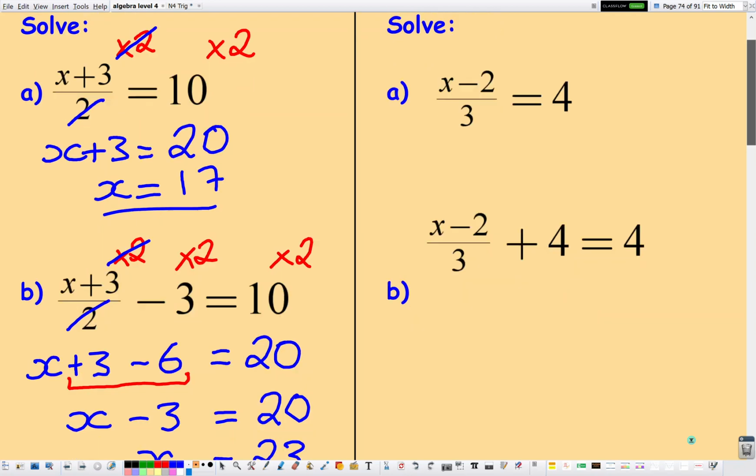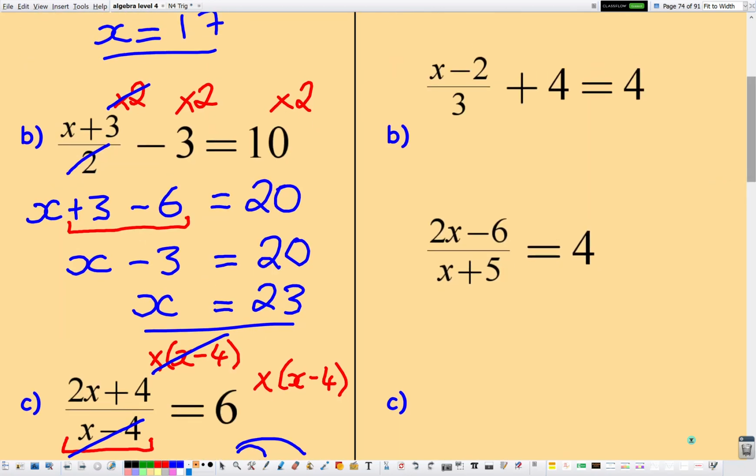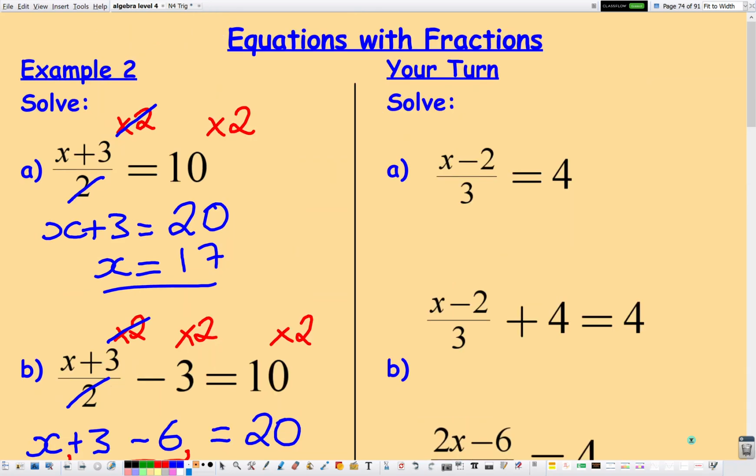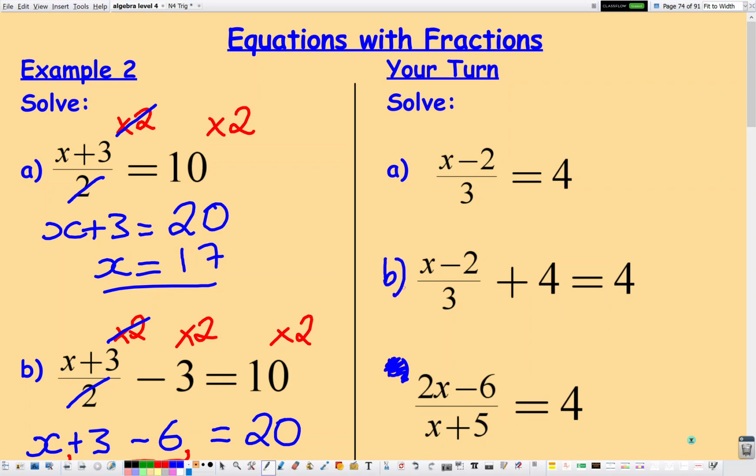I'll move example C up so that you can see it. Okay, so you've got A, B and C there. Okay, give you 4 minutes using the same exact process as we've just done. Go now.